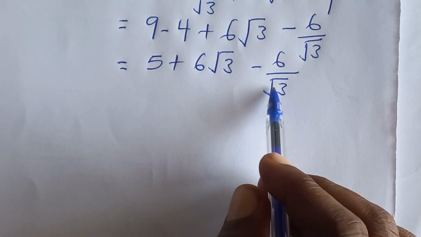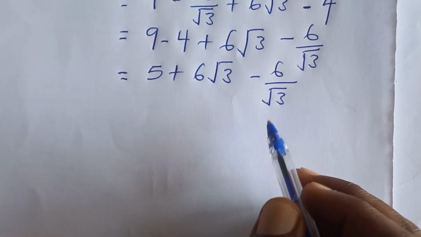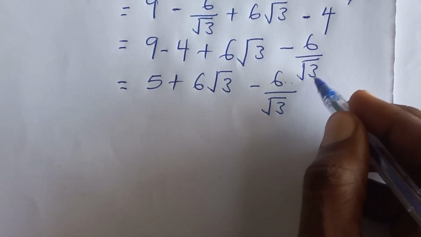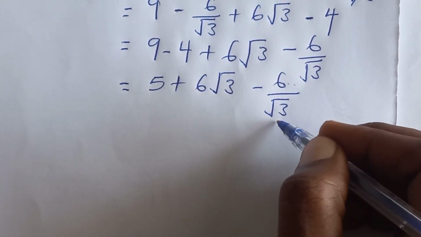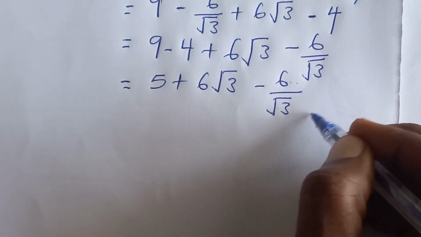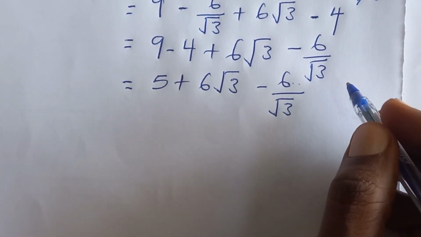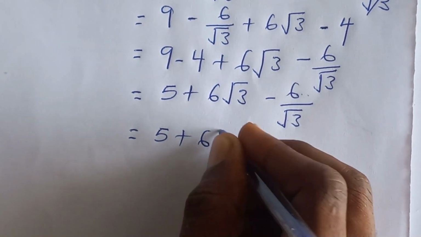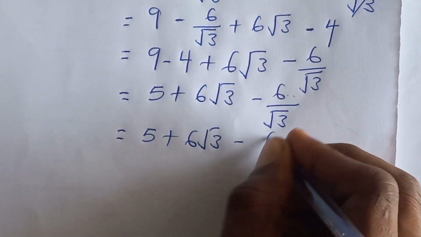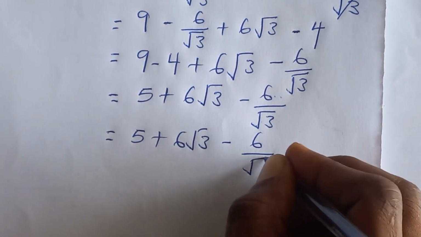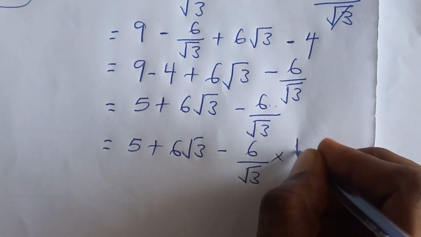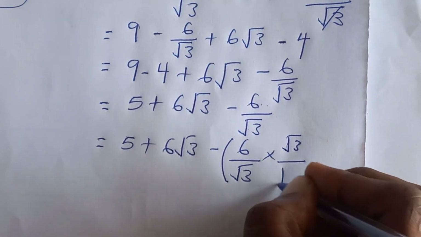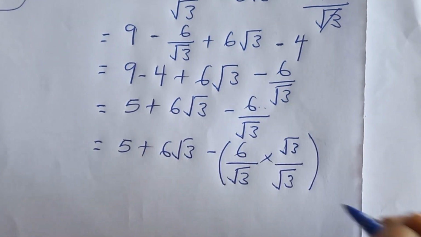So to rationalize this √3, it means that we should multiply the numerator, which is 6, by √3, and the denominator, which is √3, by another √3. So it's going to be 5 plus 6√3 minus 6/√3, so multiply by √3 and bring the bracket so that you can see it clearly, by √3.